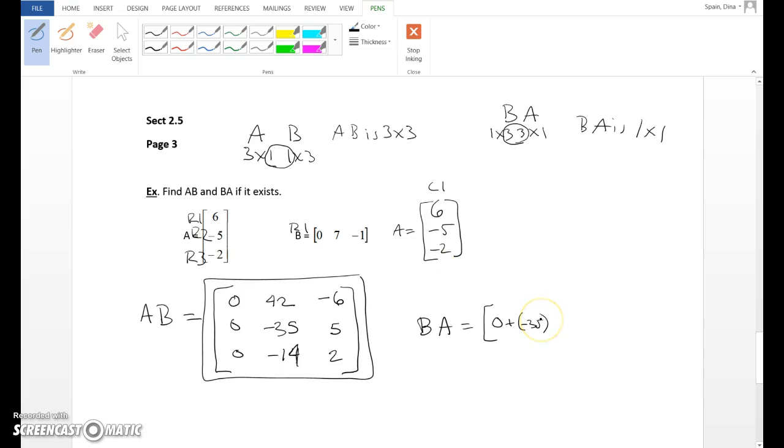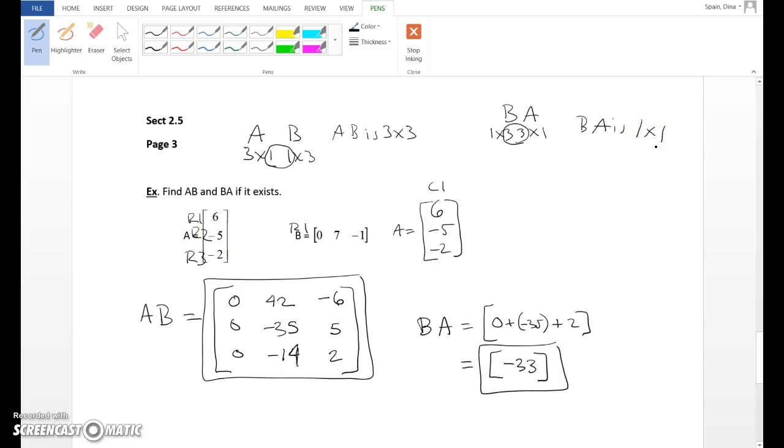We're going to add a negative 35, and then negative 1 times 2 is going to be 2, like that. Remember, this is a 1 by 1, that's one big dot product. So when I add all that together, you get a negative 33. This is the matrix BA, which is a 1 by 1.